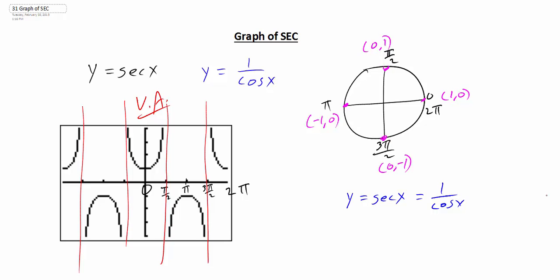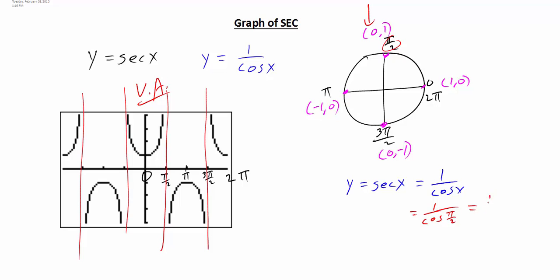If we look at 1 over the cosine of pi over 2, well, pi over 2 is here at the top of the circle, and the cosine is looking at the x-coordinate, so therefore we get 1 over 0, and again, division by 0 is undefined. So at pi over 2 and 3 pi over 2, notice that we have an x value of 0, which makes the secant function undefined.